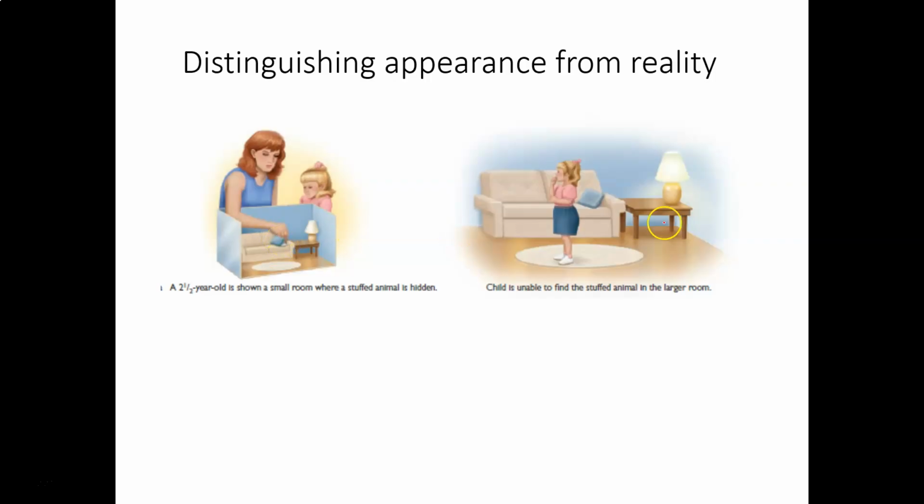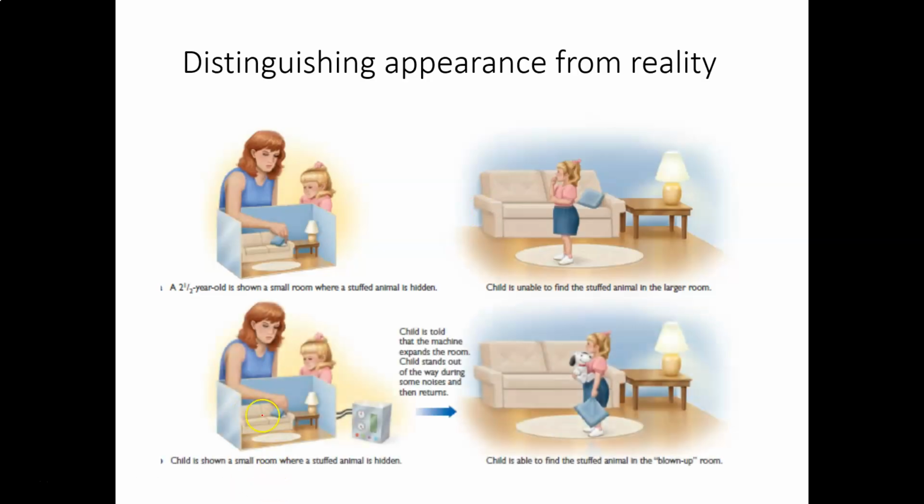Then the child is placed into a room identical to the model, but she doesn't know that, and she's asked to find that stuffed animal. She's not able to. But part of testing a child's ability to distinguish appearance from reality depends on how we ask the question. When we just show them the model and expect them to find the stuffed animal in the larger room, she may not be able to find it.